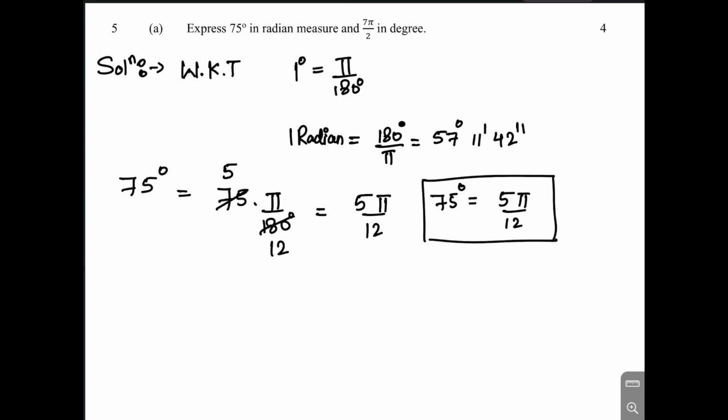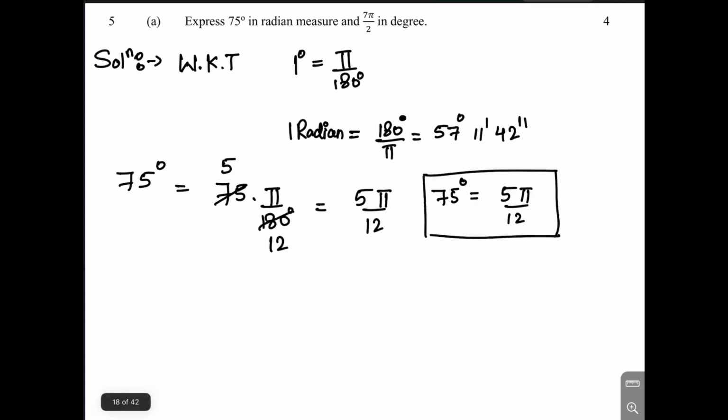Similarly, we are going to find out the value of 7 pi by 2 in terms of degree. 1 radian equals 180 degree divided by pi.